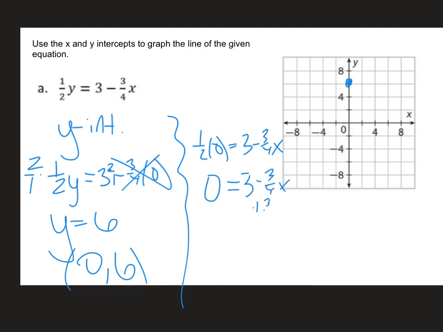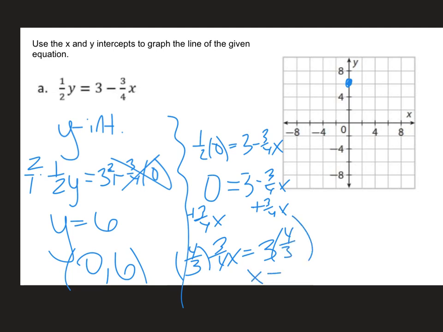I can add 3/4 x to both sides. That would move the x and the constant into opposite sides, so I could then solve it. So if I have 3/4 x = 3, I'll multiply by the reciprocal of 4/3, and that's going to be 12 over 3, so x is 4. So the x-intercept would be at (4, 0), which would be here. And then I could graph the line.